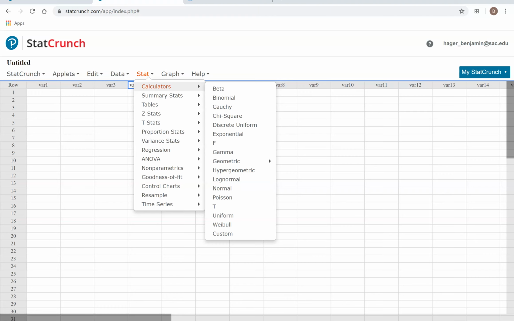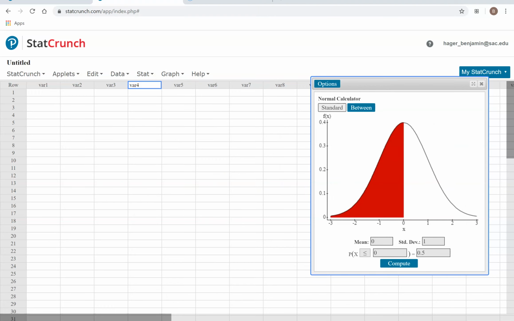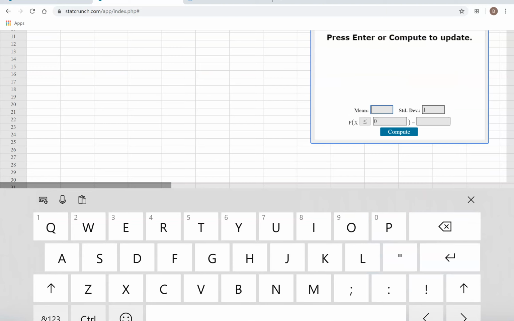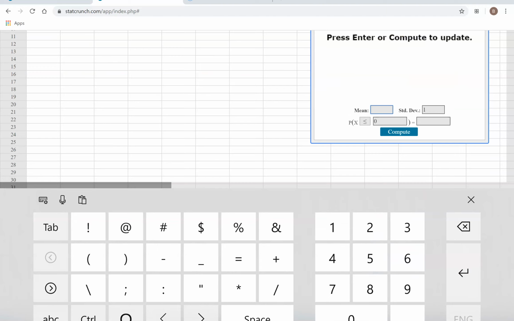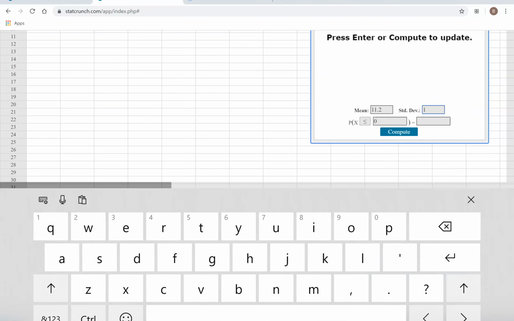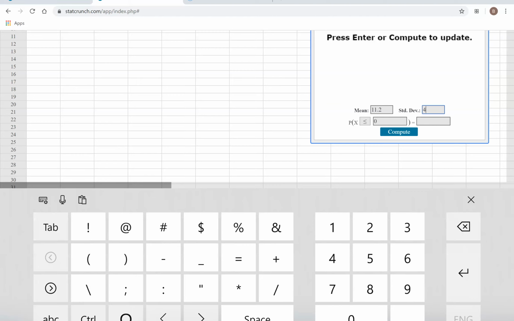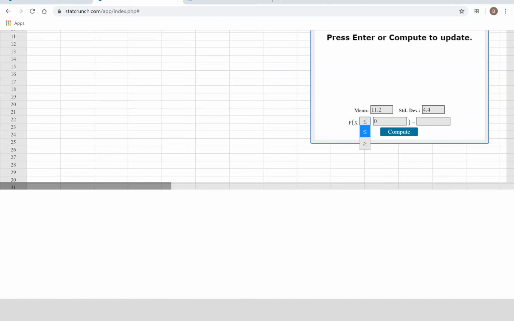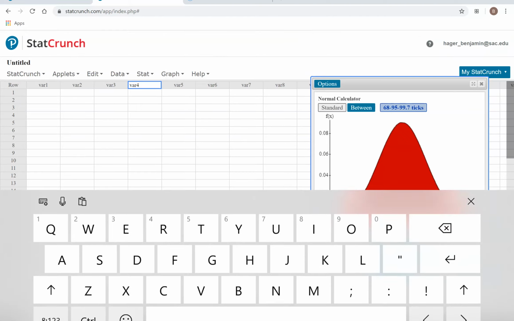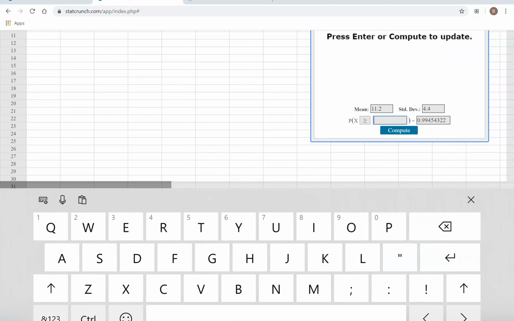Okay, now they default to a standard normal curve, which I'm not. My curve has a mean of 11.2, right, because I'm trying to avoid having to convert to z-scores. And the standard deviation was 4.4, if I remember right. And I wanted the probability of getting a score greater than or equal to 12.